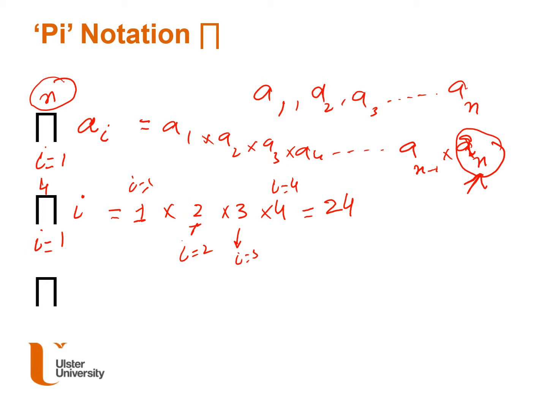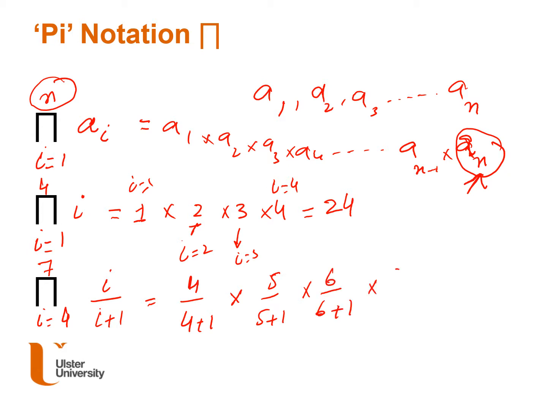Let's look at one more example. We've got pi, that is, i starting with 4 and the last term is 7, of i over i plus 1. So we need to start with the first term, which we know is 4. So 4 over 4 plus 1 multiplied by 5 over 5 plus 1 multiplied by 6 over 6 plus 1 multiplied by 7 over 7 plus 1.